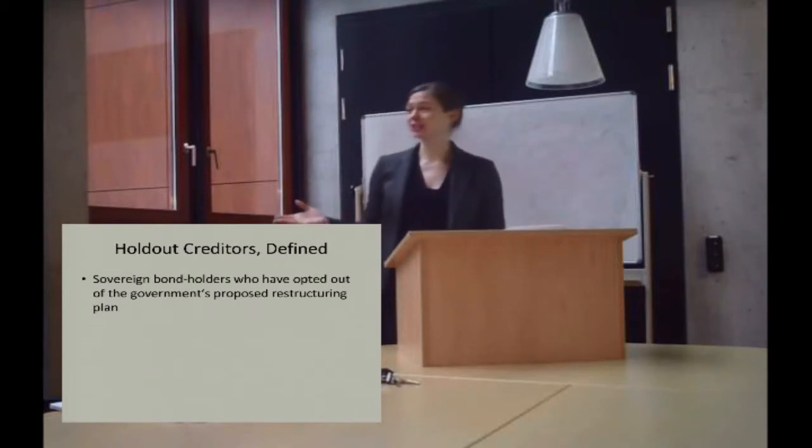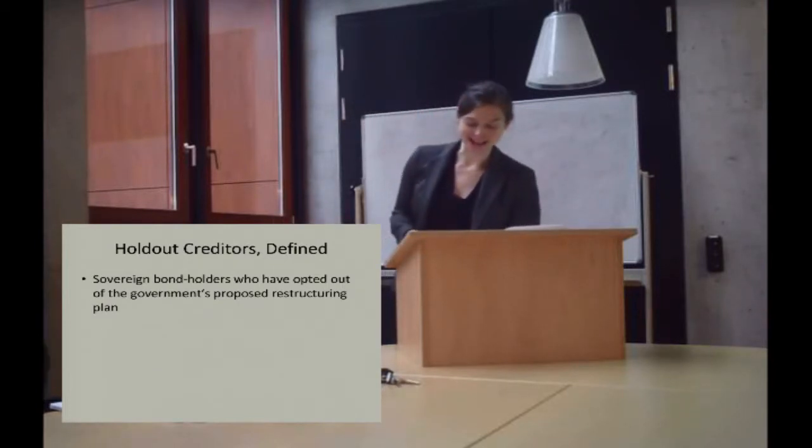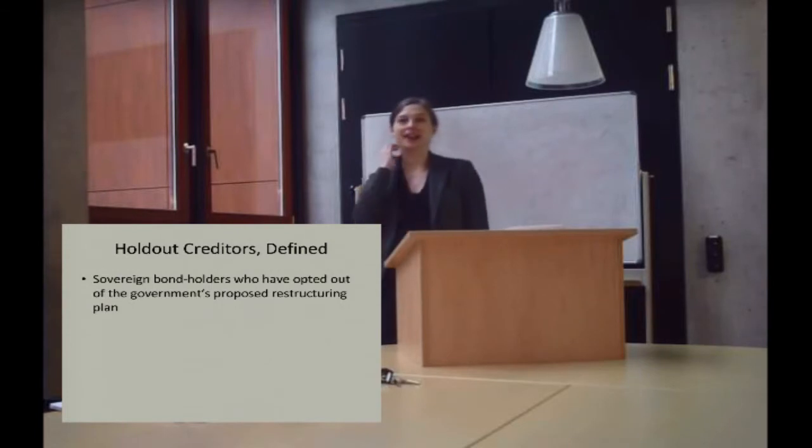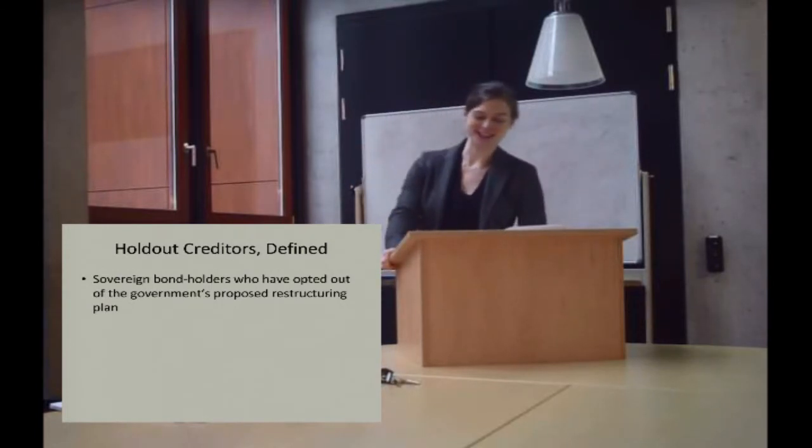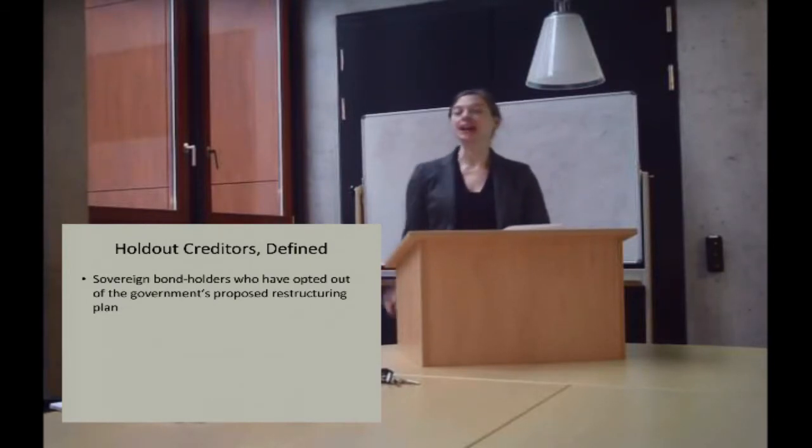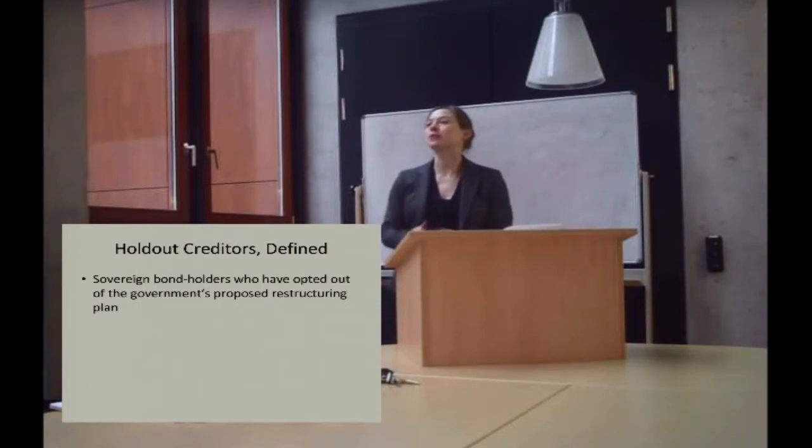All right, holdout creditors. I think Harvey more or less has dealt with this, but just to give you a refresher, now that you're all halfway experts on this topic, these are basically sovereign bondholders who've decided not to accept whatever that government's restructuring plan is.